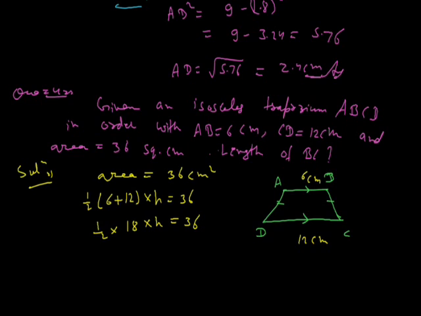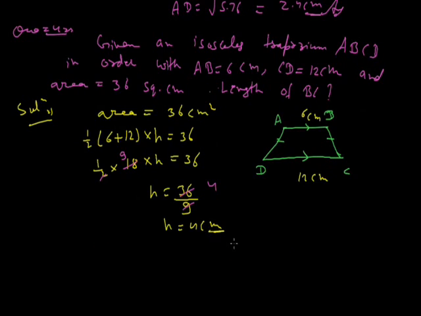Now 2 will be cancelled by 18 and it will become 9 times h is equals to 36. By cross multiplication 9 will be at the divide position. So h is 36 divided by 9, so h will become 4. 9 4s are 36. h is equals to 4 centimeter. We have the height of this isosceles trapezium, which is equals to 4 centimeter.